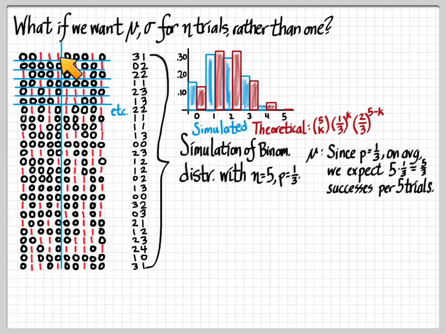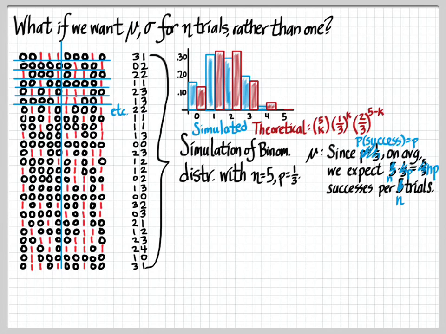That's just 5 times 1/3. Now let's get rid of the 5 and the 1/3. What would this be if I replace these with just P and N? So that would become probability of success P. This would become N. That would be NP. So we get N times P successes per N trials.